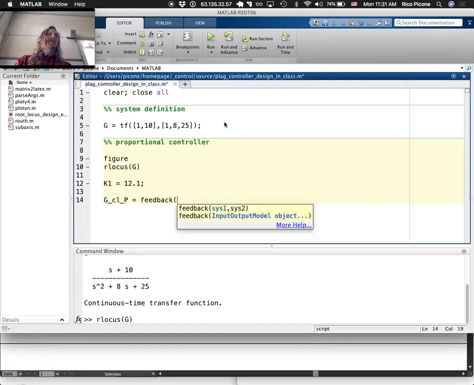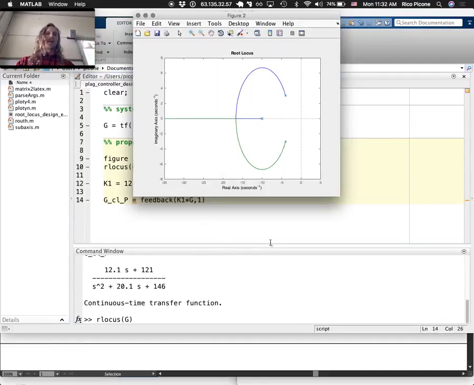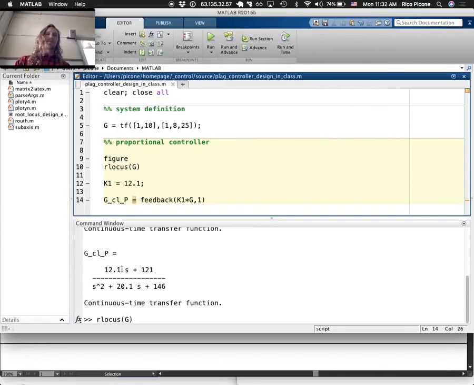Feedback. Now our controller is in the forward path, so K1 times our plant, unity feedback, and we've got our closed loop controller. So if I evaluate this, then it'll spit out this closed loop controller, and that's the transfer function for it.